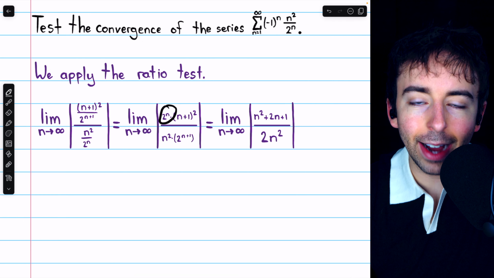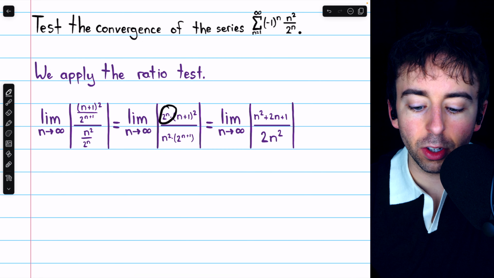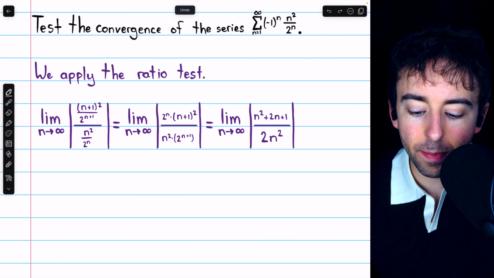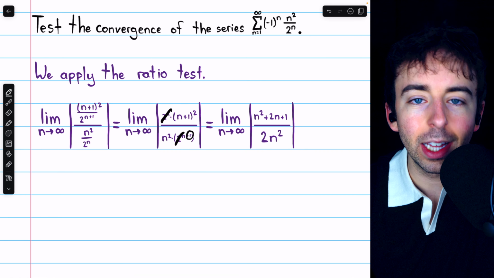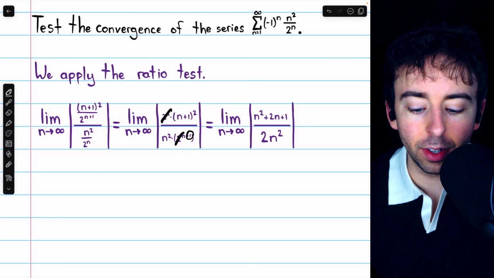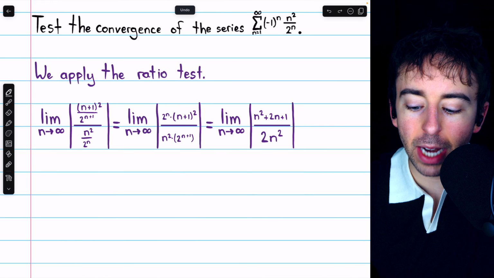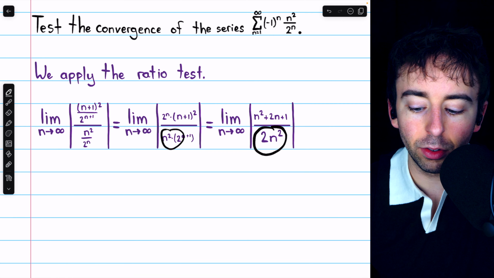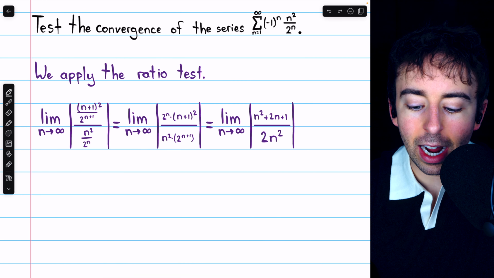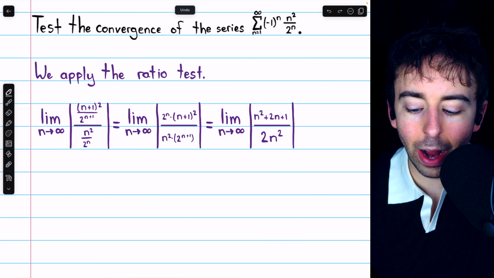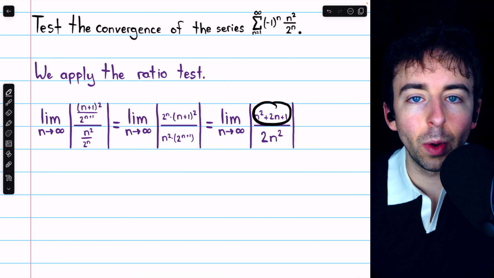Now, we have n factors of 2 in the numerator because of the 2 to the n, and n plus 1 factors of 2 in the denominator. So all of those 2's will cancel out, except for 1. There will be one factor of 2 left in the denominator. Thus, in the denominator, we would have 2n squared. In the numerator, we canceled out all those 2 to the n's, and then we would have (n plus 1) squared, which is n squared plus 2n plus 1.